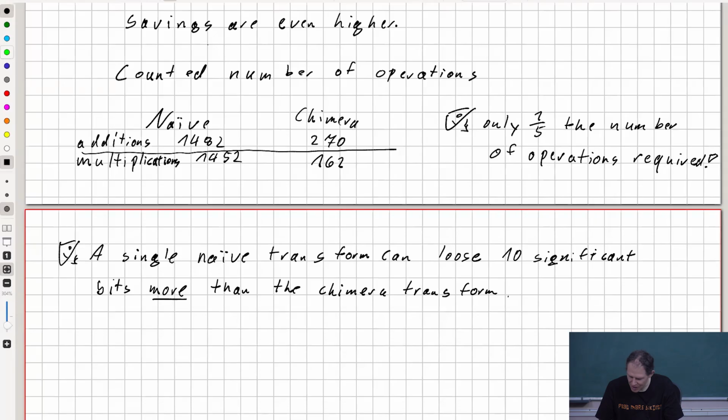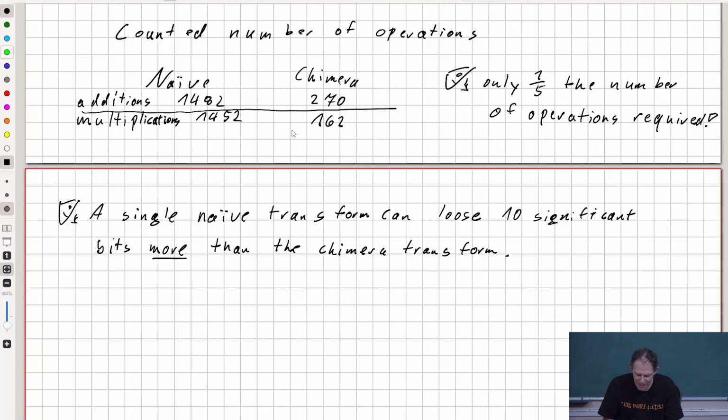Okay, so this was the topic of round-off errors, and because I was asked to, I'll add here in the last half hour or so one more topic about the implementation, and this is the esoteric twist.